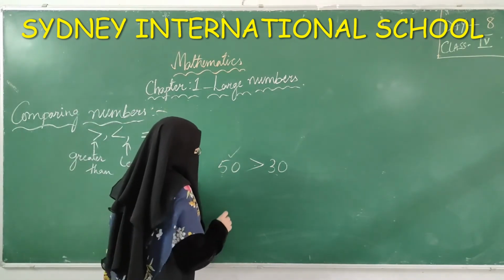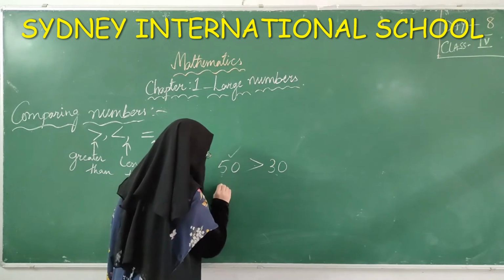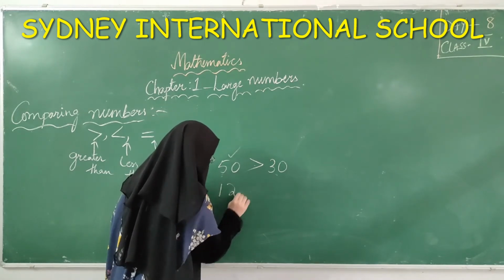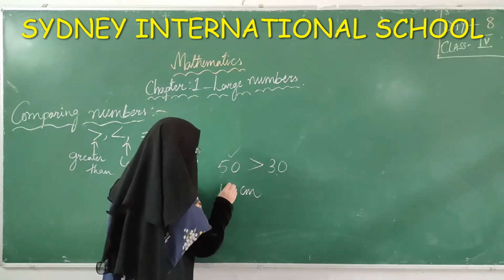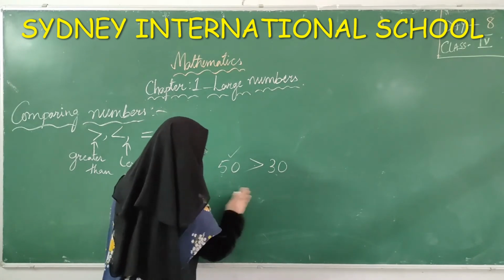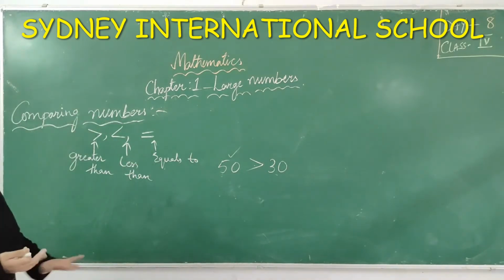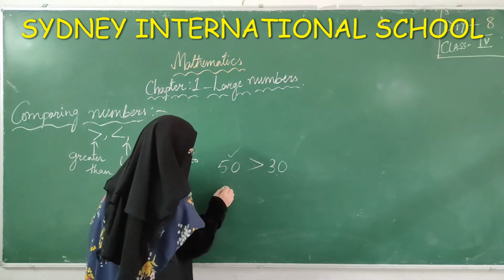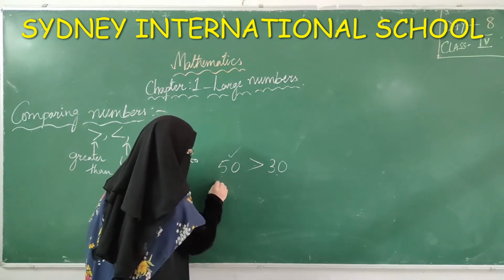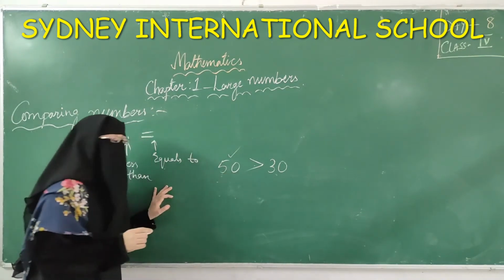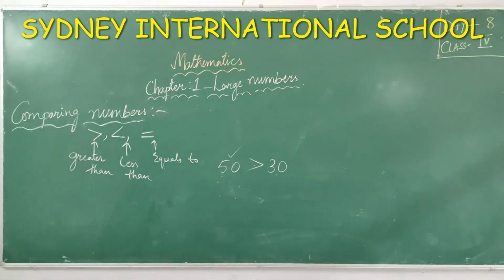Now, your height is, suppose, 12 centimeters. No, I am taking some example, not height. One more example that we have to compare. In order to compare the numbers, we have to start from the left hand side. I'll show you how to compare two numbers.